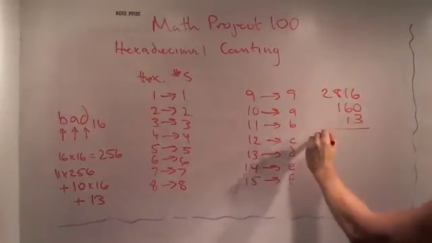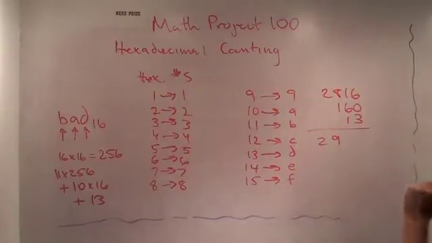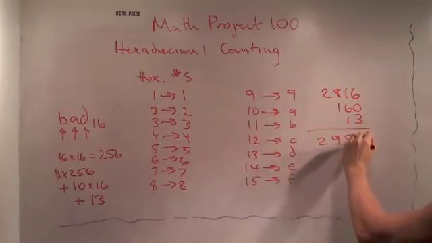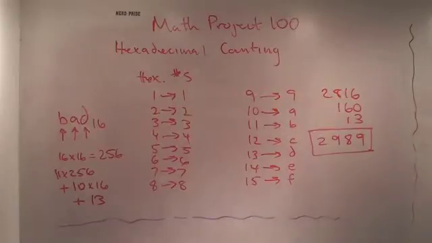So that's 2,989. So the number 2,989 in base 10, the number that you would know as 2,989, is BAD. That's a bad number in base 16. So if someone says BAD, they might mean 2,989.